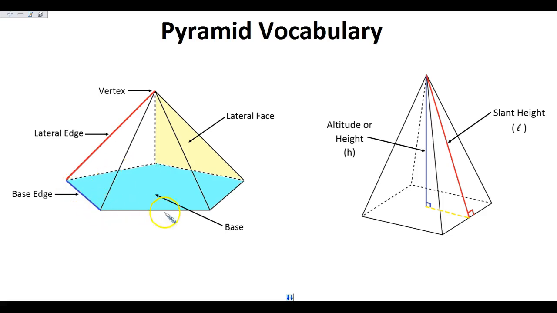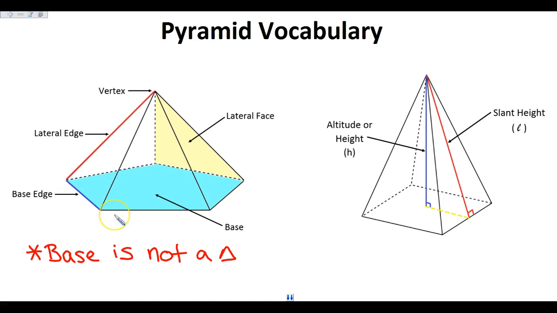The base is the shape that's not a triangle, again, unless they're all triangles. If they're all triangles, then your base is a triangle too. Where your lateral faces meet is called a lateral edge. Where the edges of your base are is called a base edge.